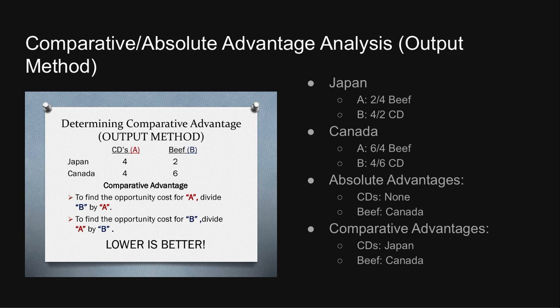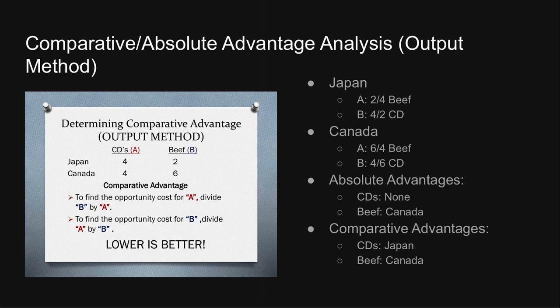They can produce the same exact amount of CDs given the same resources, so neither one has an absolute advantage in production of CDs. If you look at the production of beef, Japan can produce 2 units of beef, and Canada can produce 6 units of beef. So Canada has an absolute advantage, as it can produce 3 times the amount of beef as Japan, given the same resources.